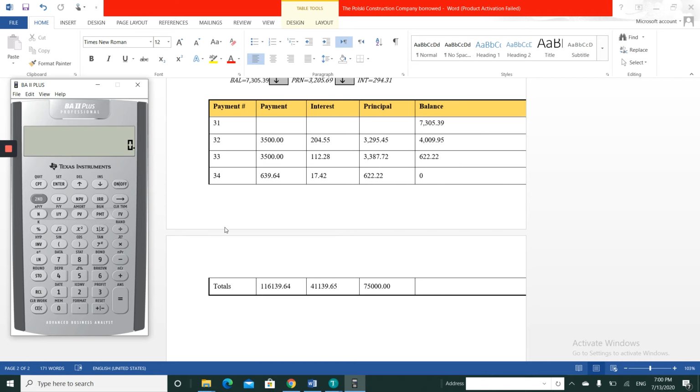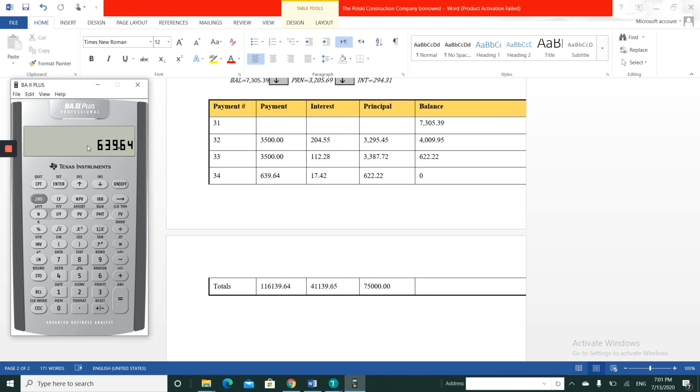The amount of interest for the last payment is 17.42. So I'll add the amount of interest for the last payment to the unpaid balance before the last payment, which is 622.22.